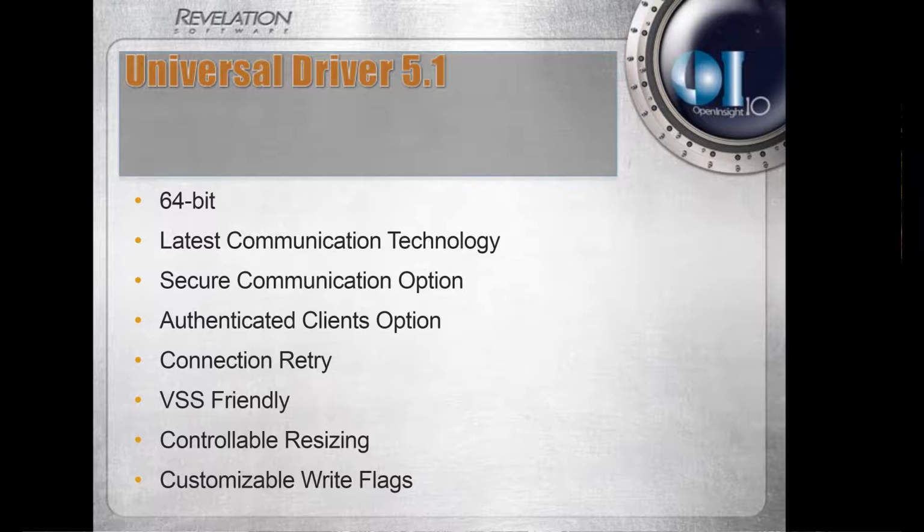One of the features we added, again harking back to the idea that we want to reinforce security on the desktop as well, is we've now added secure communication options.